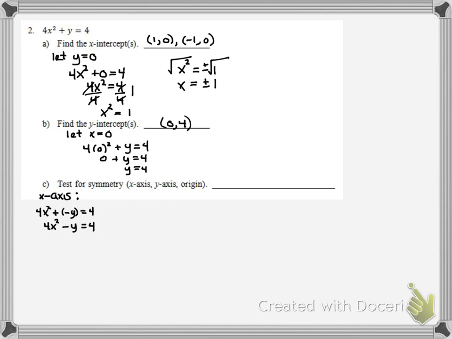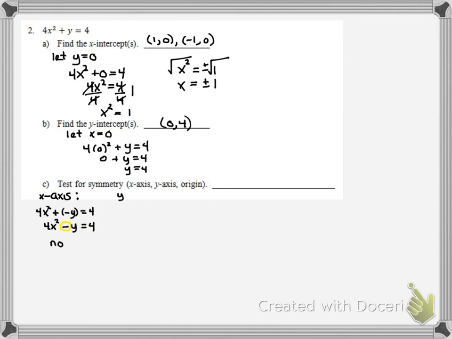If you get the original equation, it has x-axis symmetry. In this case, we have this minus here. That was not in the original equation. So we did not get back to the same equation, so this does not have x-axis symmetry.